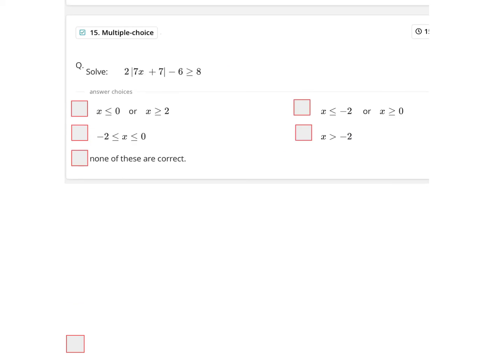Okay, so on number 15, we also have an absolute value inequality. We have multiple choice answers. This is a good one. I like this one. It's very entertaining. To solve it, you first have to isolate the absolute value. So you don't want the -6 and you don't want the 2.